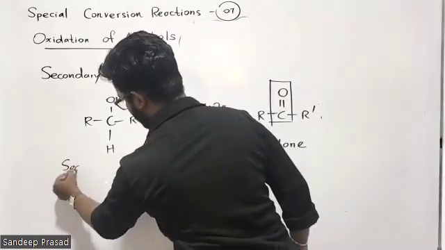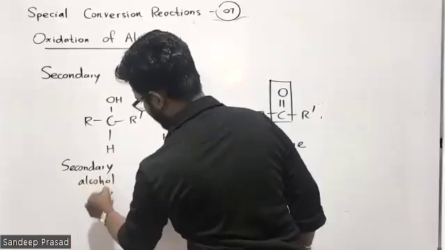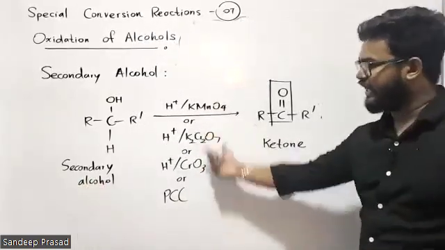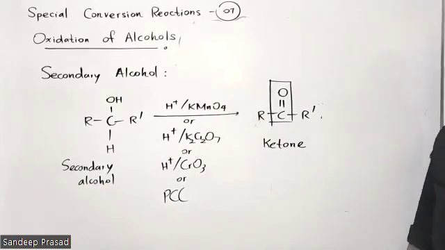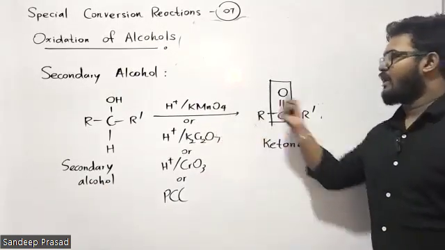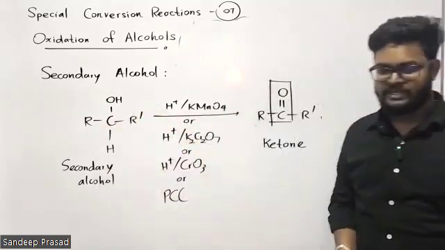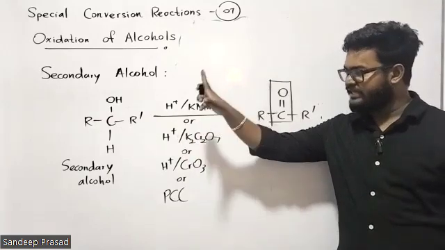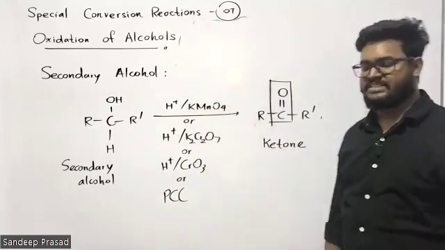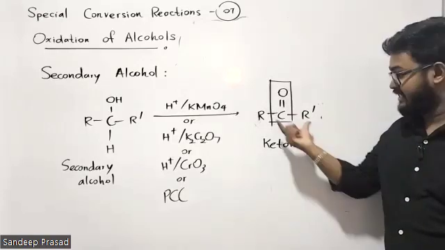Secondary alcohol is converted into a ketone by addition of any kind of oxidizing agent like this. So why can't it go to the carboxylic acid? One of the reasons is that it has two alkyl groups. But in primary alcohols, we know that only one alkyl group was there, so it can easily go to the carboxylic acid stage. In the ketone case, we can't do that because there are two alkyl groups.